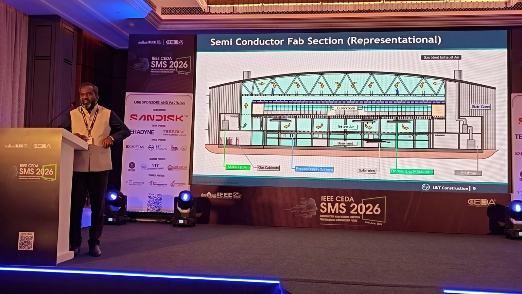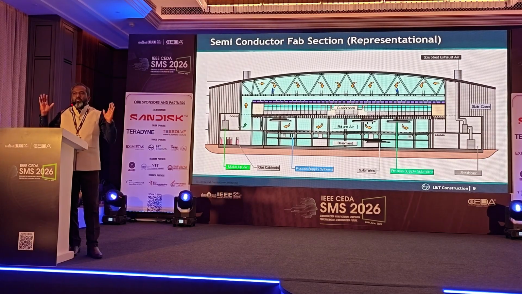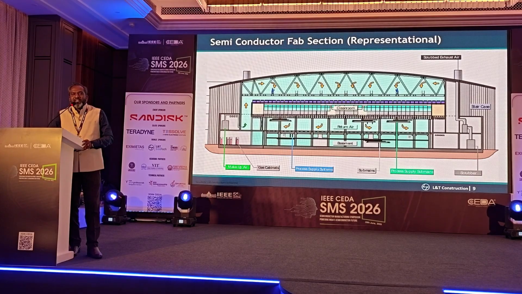It's not square feet, it's square meters. 32,000 square meters, a clean ballroom of ISO 3 particles per cubic feet, and that's the main fab where all the tools are going to sit.